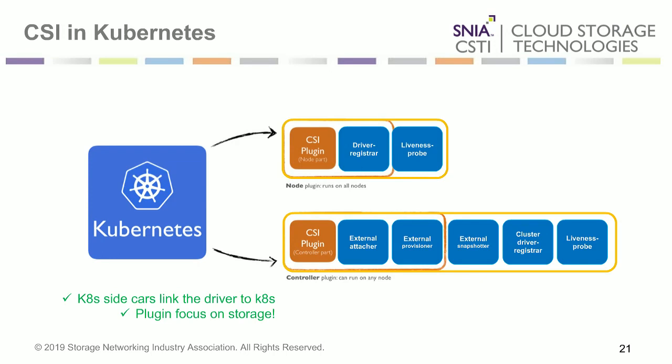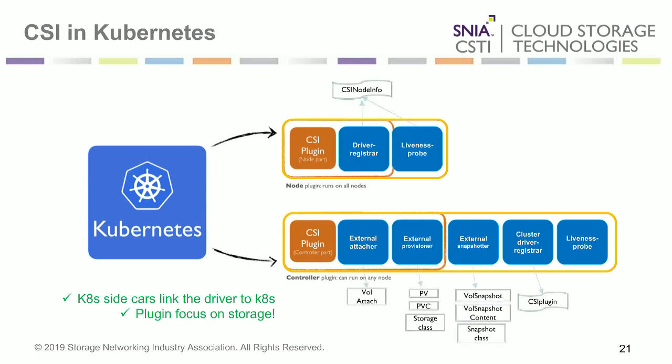So this is a picture of what the CSI plugin is going to look like. And as I mentioned, CSI is making use of sidecars. Specifically for Kubernetes, they're developing these different sidecars, and we'll be able to see the objects they work with here.